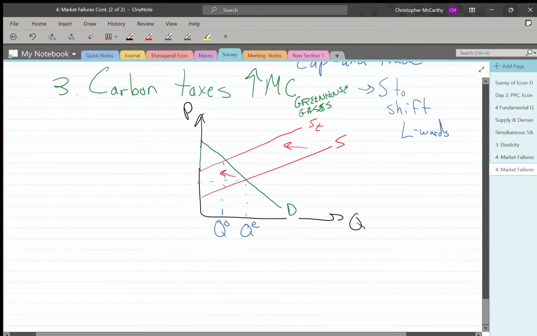So there are costs and benefits to this, obviously. The revenue from the tax can be used to foster research in more renewable products.